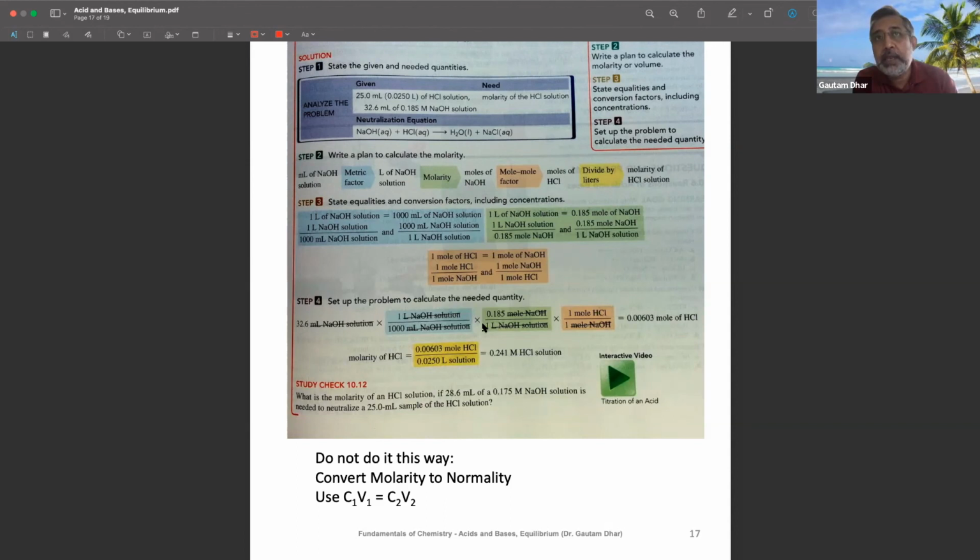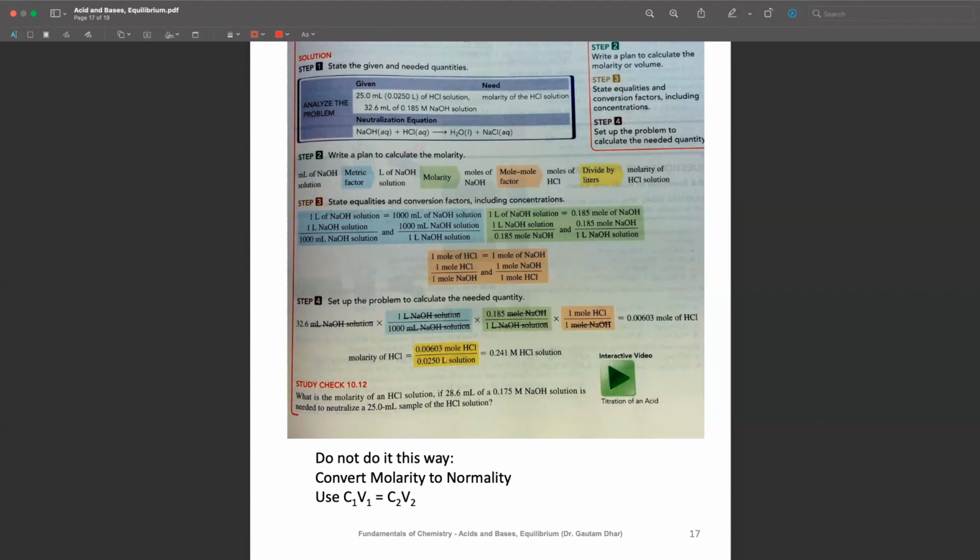And then in the next step, you divide the mole by the liter of HCl, and that is the molarity. Everybody do it, okay? Everybody.